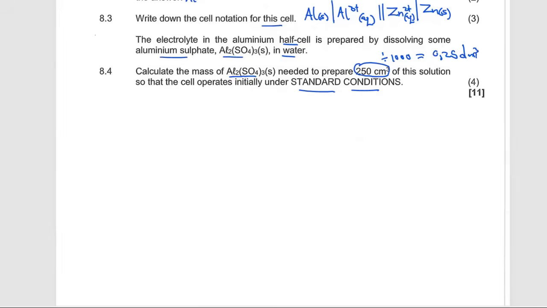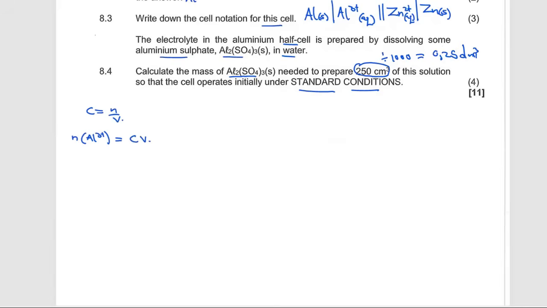So now to proceed, we'll start with the number of moles of Al3+, right? Remember, concentration is given by number of moles over volume. Therefore, I'm going to make n the subject of the formula. So Al3+ is equivalent to, if I cross multiply, concentration times volume, right?